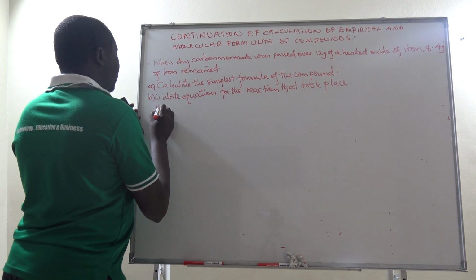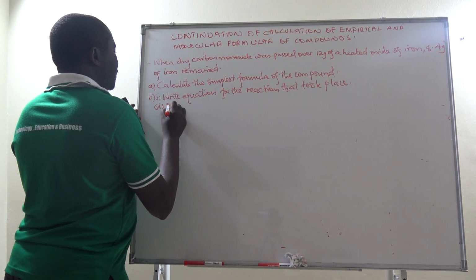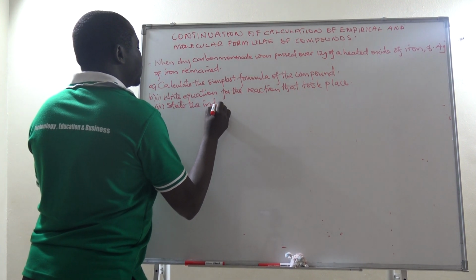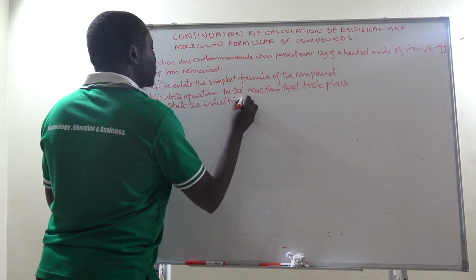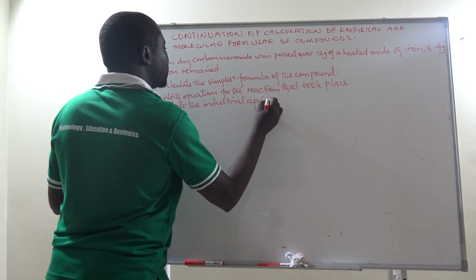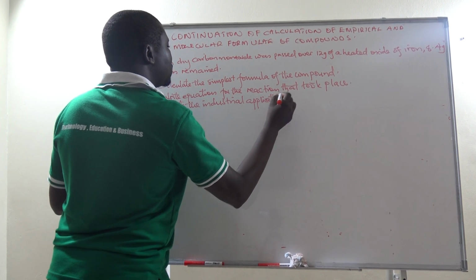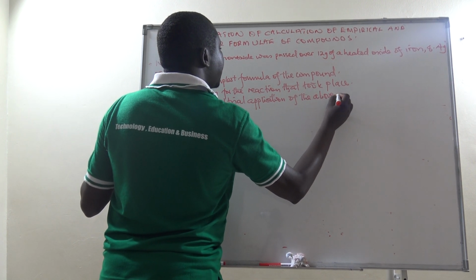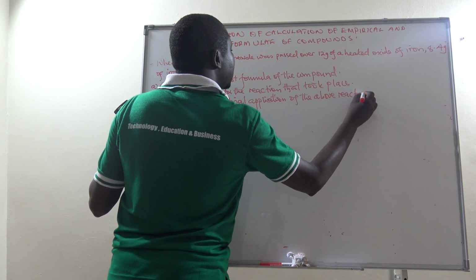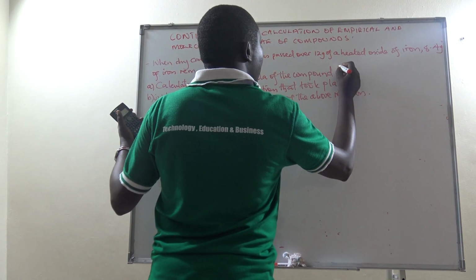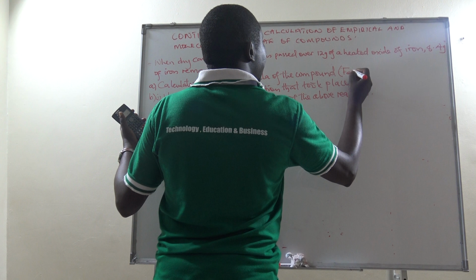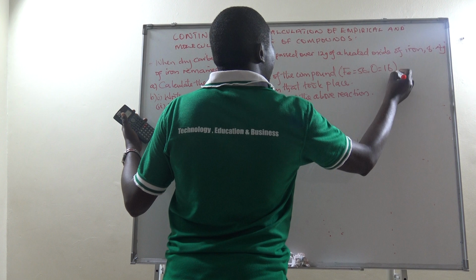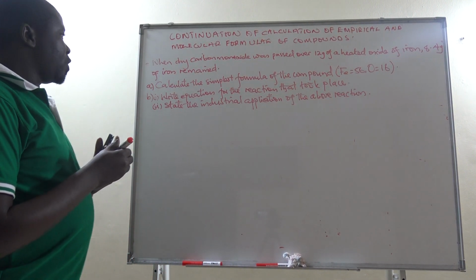And then Roman 2, state the industrial application of the above reaction. So here we are given that the relative atomic mass of iron is 56 and that of oxygen is 16. So we are good to go.